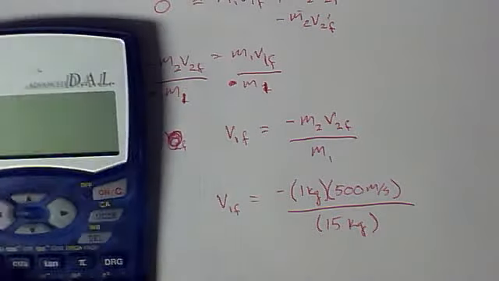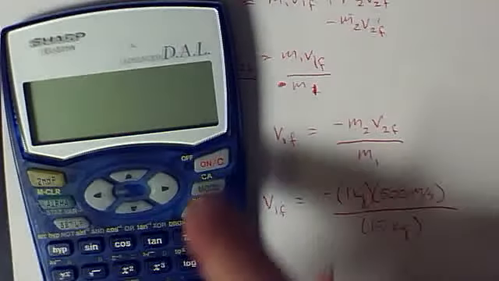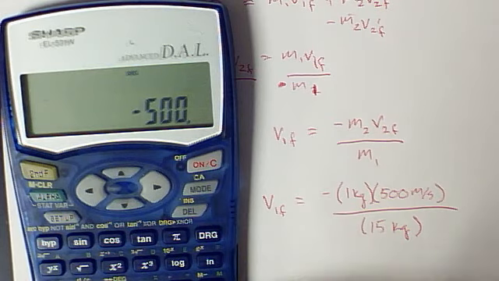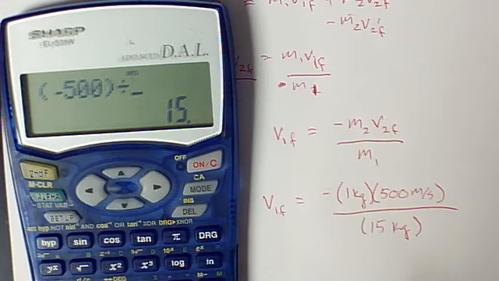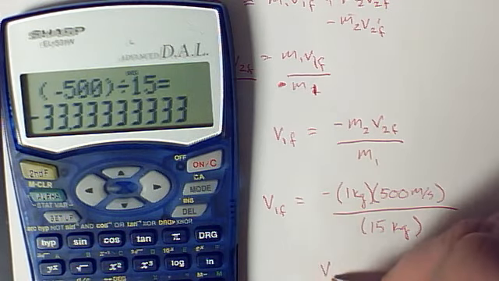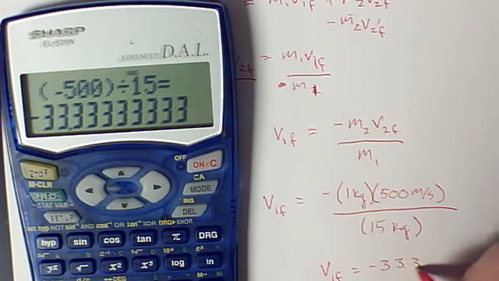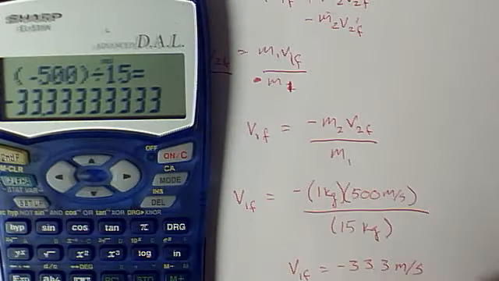So that ends up giving you 1 times 500, so a negative 500 divided by 15, v1f is a negative 33.3 meters per second.